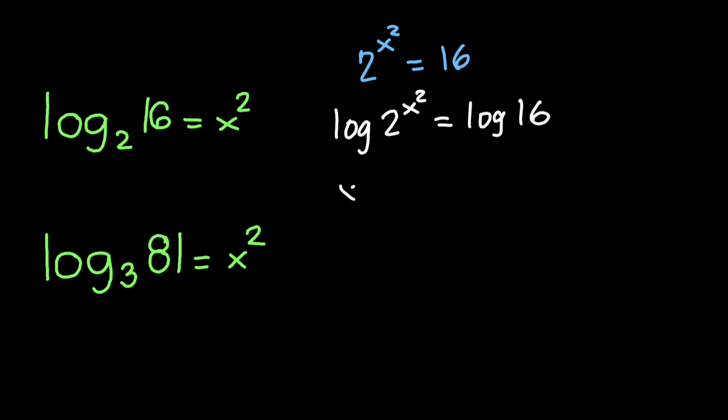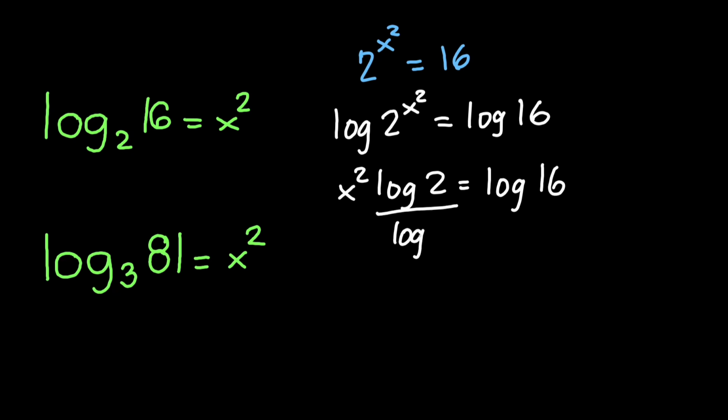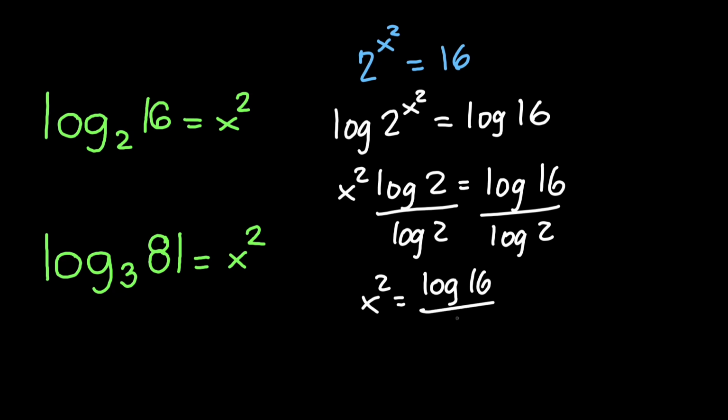So, this would be x squared log of 2 equal to log of 16. So, get rid of log 2 here. Divide both sides by log of 2. And so, x squared right here would be equal to log of 16 over log of 2. Input this into your calculator and you should have an answer of 4.